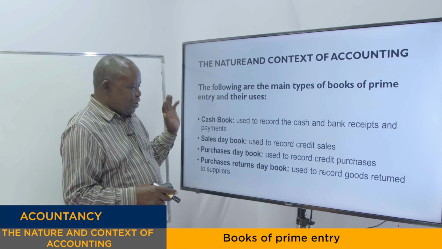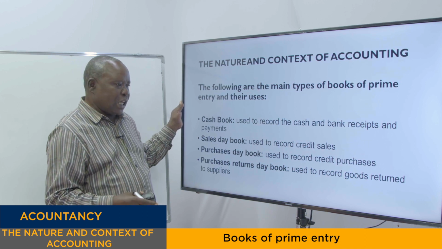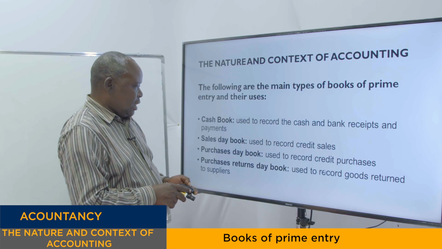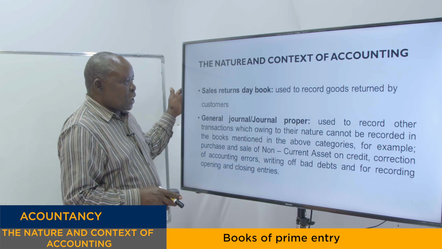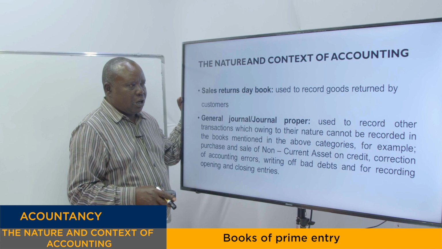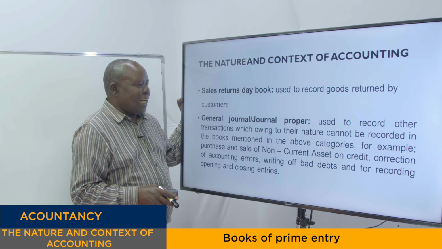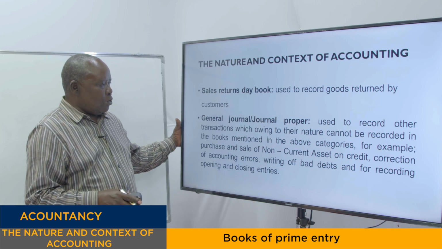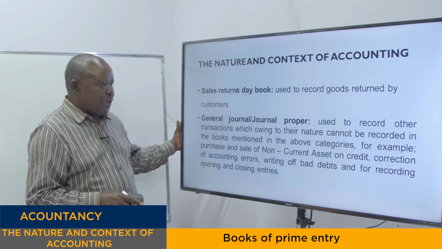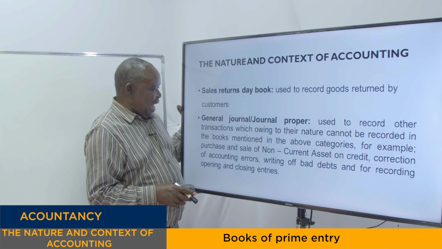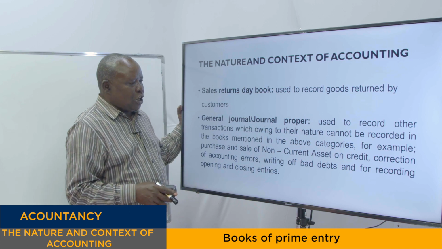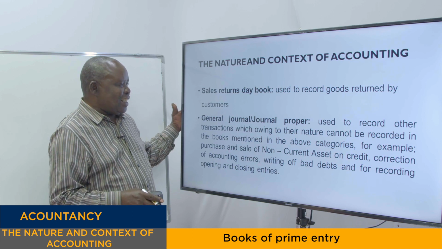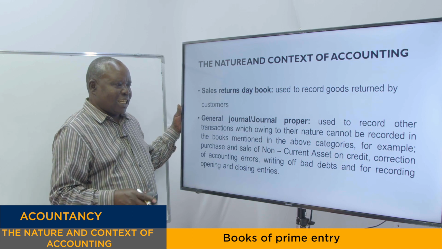We have the purchases return day book, used to record goods returned to suppliers. We have the sales return day book, used to record goods returned by customers. And also we have the general journal or journal proper, used to record other transactions which, owing to their nature, cannot be recorded in the books mentioned in the above categories.